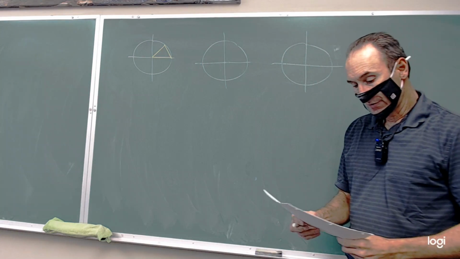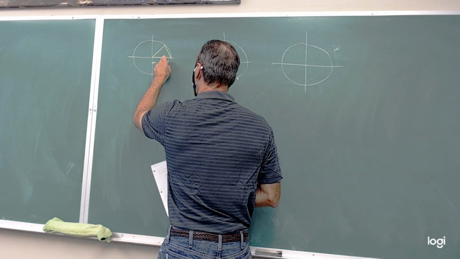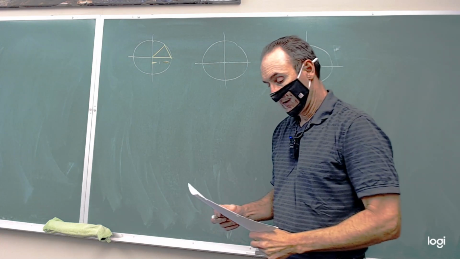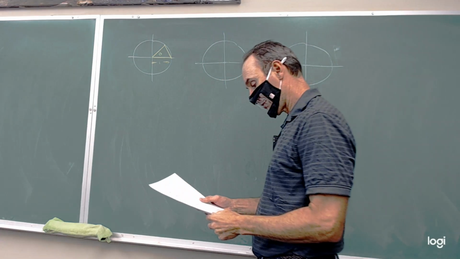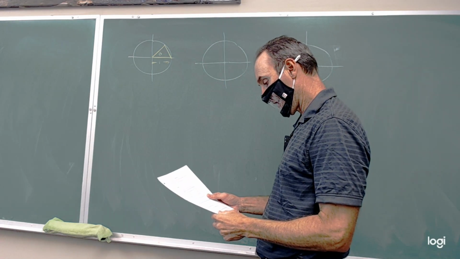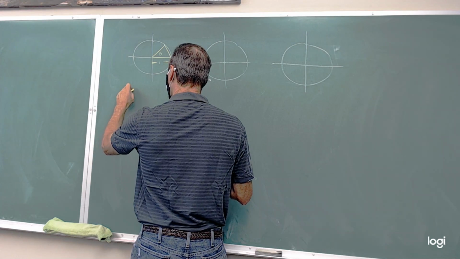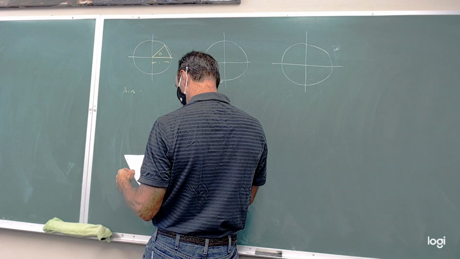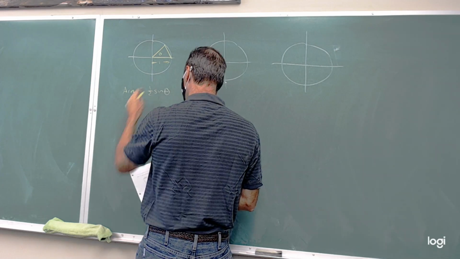We know that this is a circle of radius 1, so this distance here is 1. And this is our angle theta. We are going to try to claim that the area of that yellow triangle is equal to 1/2 sine of theta. That's what we're trying to prove.